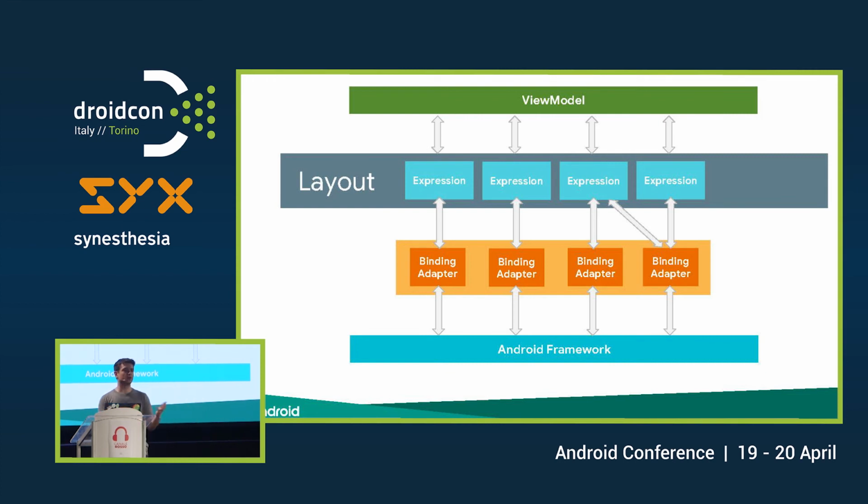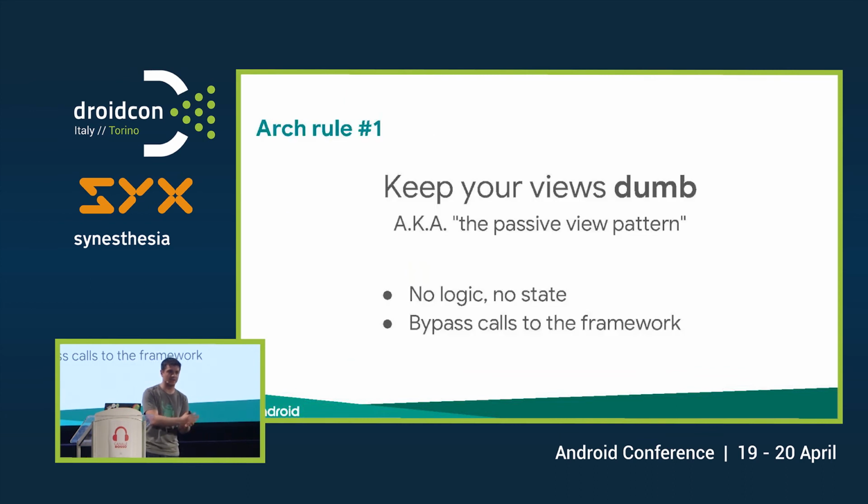Now, no matter what book you read about architecture or what pattern you like, they all kind of agree that you always have to keep your views dumb. And that means that you shouldn't have any logic in activities or fragments. You should hold or try to minimize the amount of state that you have in them.